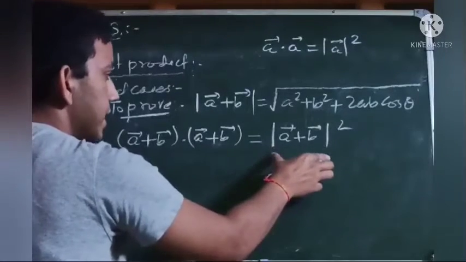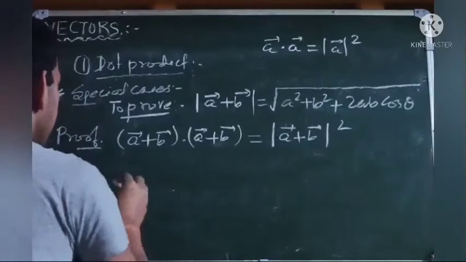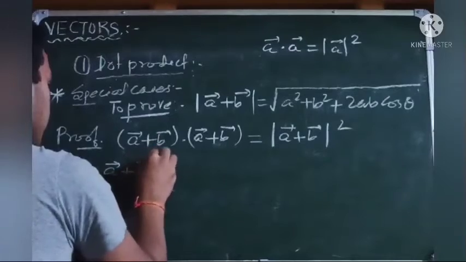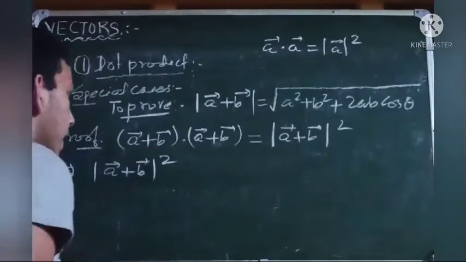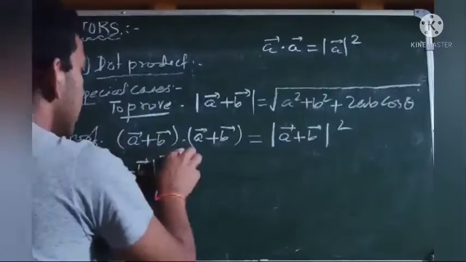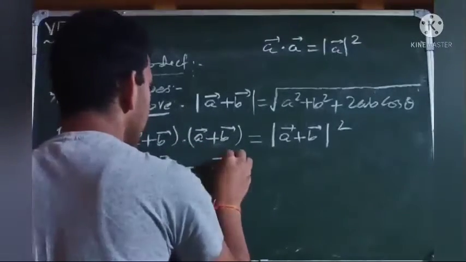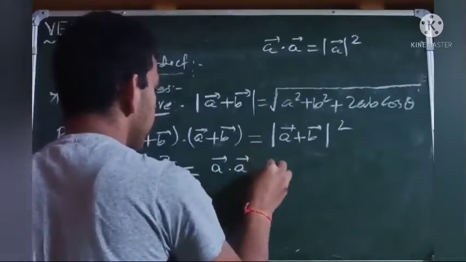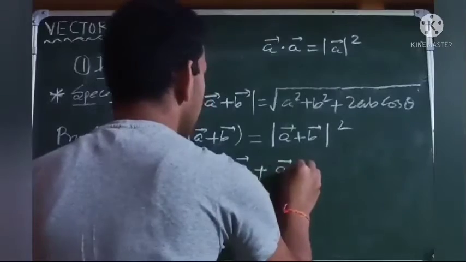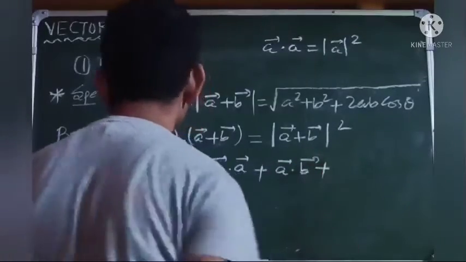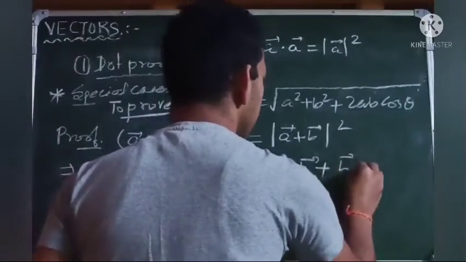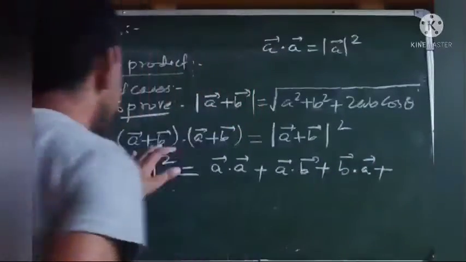Let me write this portion in left hand side. Mod of a vector plus b vector whole square is equal to, let's open these two brackets, a dot a plus a dot b plus b dot a plus b dot b.